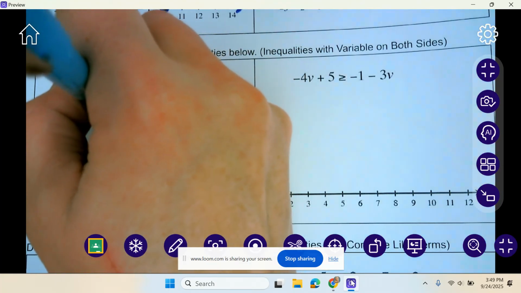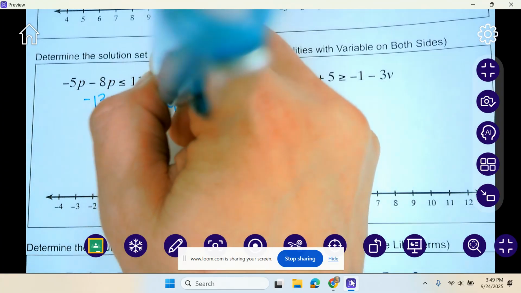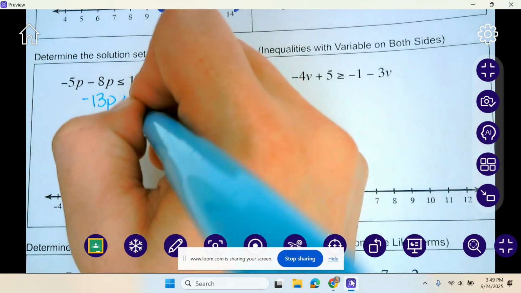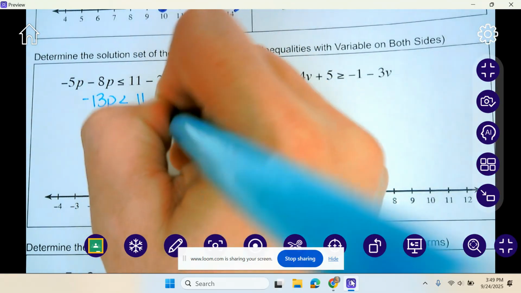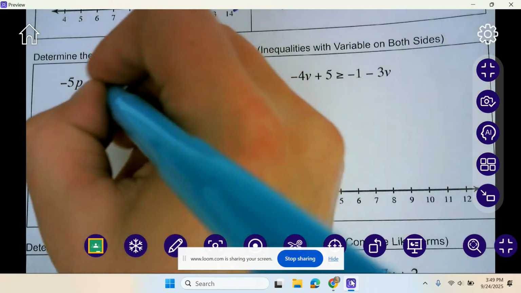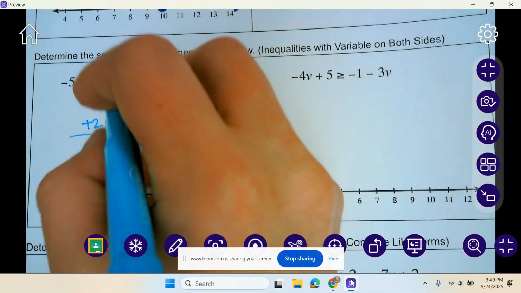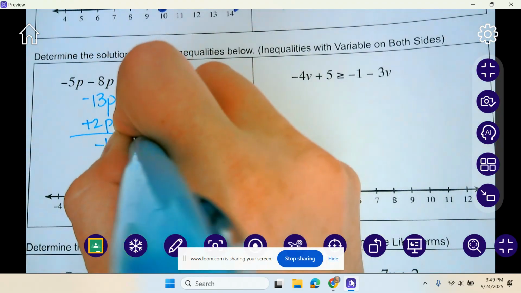So I have negative 13p less than or equal to 11 minus 2p. I'm going to move the variable, this 2p, over. You could have moved the 13p, but if you did, it would have been 0 on the left side. So plus 2p. I get negative 11p is less than or equal to 11.